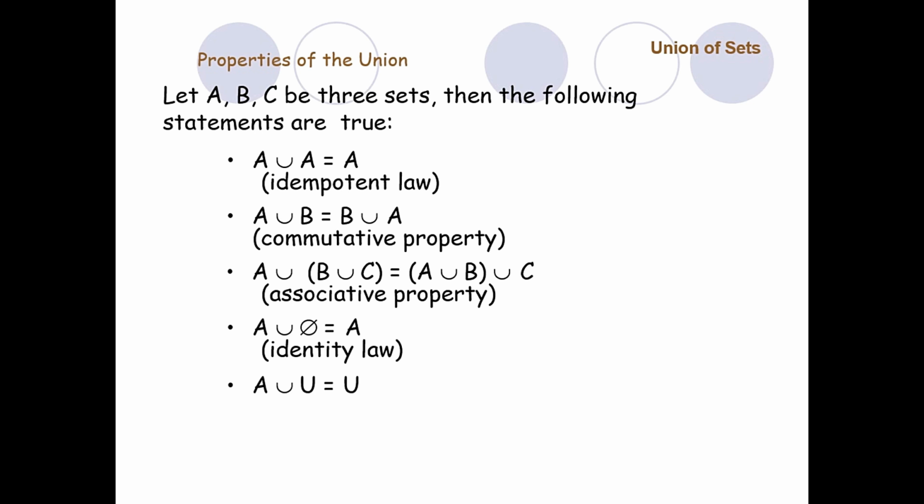Here is another: the union of A with the union of B and C is the same as the union of the union of A and B with C, known as the associative property. We also have the union of A and the null set is equal to A. That is the identity law. And A union U is equal to U, because U takes it all. Those are the properties of the union.